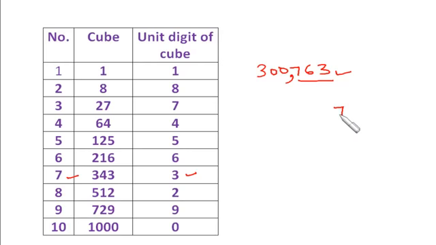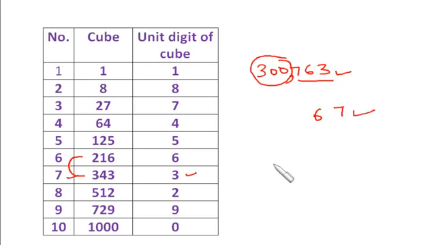So we are clear with the units place. Now 300 lies between the cubes of 6 and 7. It's between 216 and 343. So the tens digit will obviously be 6. So the cube root of 300763 will be 67.